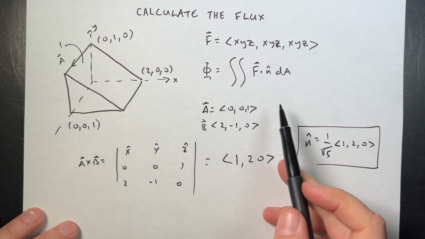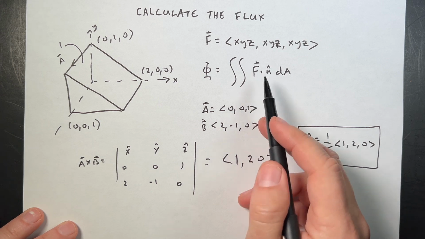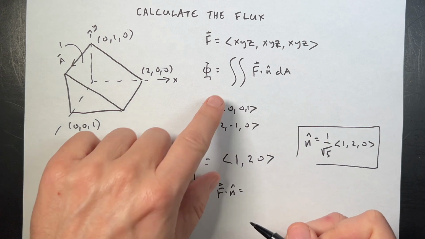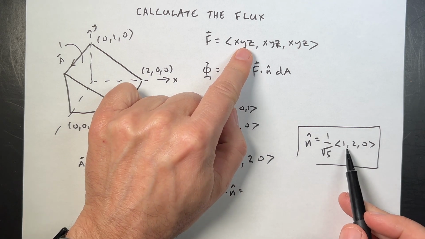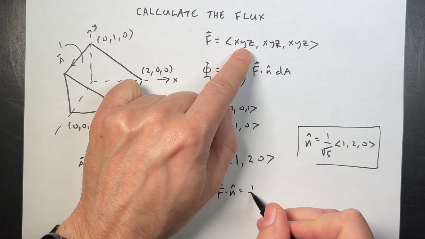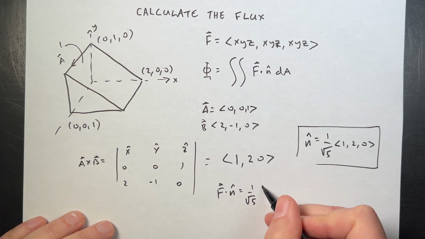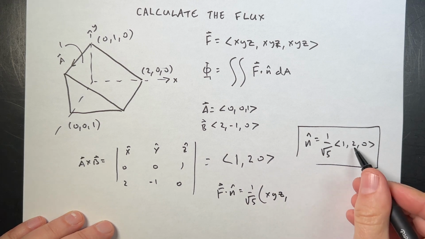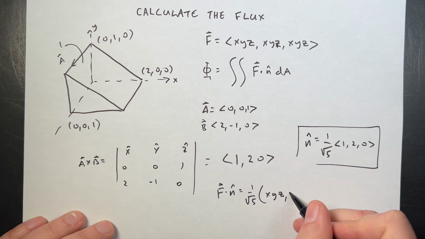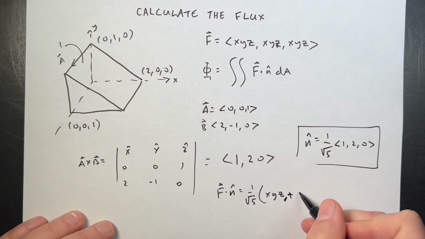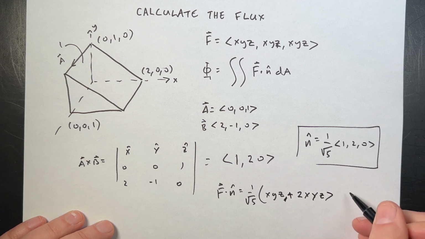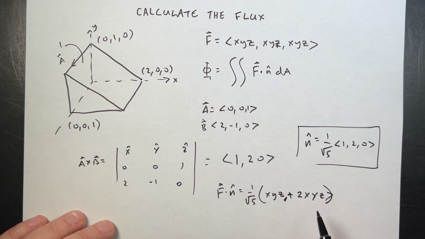Now I can do F dot n hat, because that's just a scalar function. So F dot n hat is going to be this dot 1, 2, 0, and I have the 1 over the square root of 5 still. So I have 1 times xyz, plus 2 times xyz. Those are parentheses; I don't know why I'm thinking about vectors.